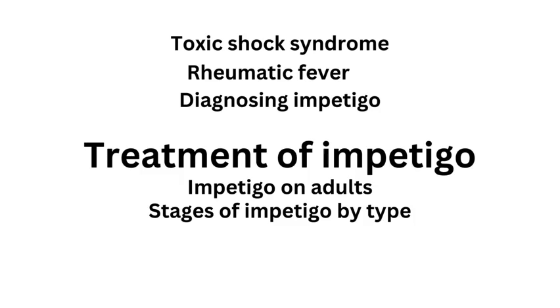Generally, impetigo is a mild skin condition, but adults have a higher risk of complications than children. These complications may include acute post-streptococcal glomerulonephritis, which most commonly affects children and older adults, cellulitis, lymphangitis, and sepsis.